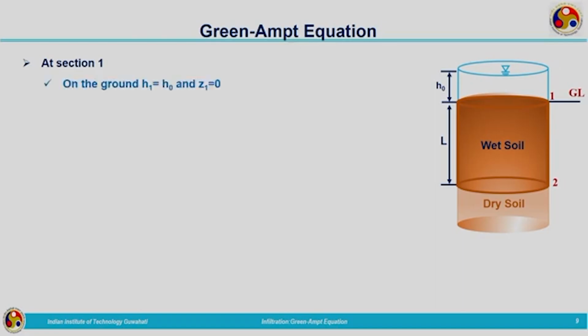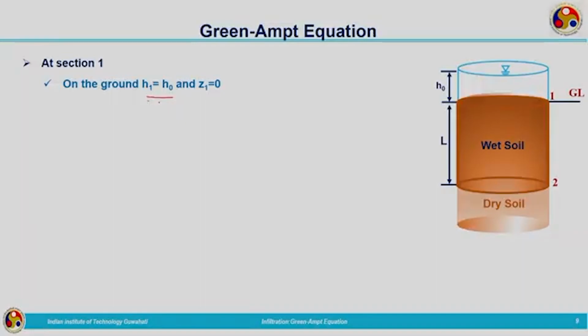On the ground surface, at section 1, the head is H1. It is the ponding depth, that is, the head causing the flow is the ponded depth of water. So H1 is equal to H naught, and the datum head Z1 will be equal to 0, because we are considering the datum as the ground surface.